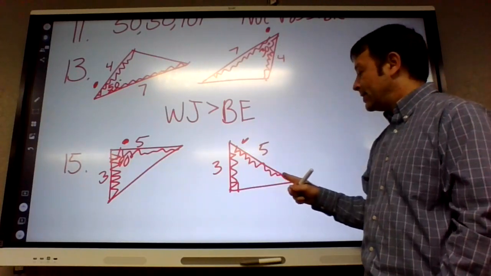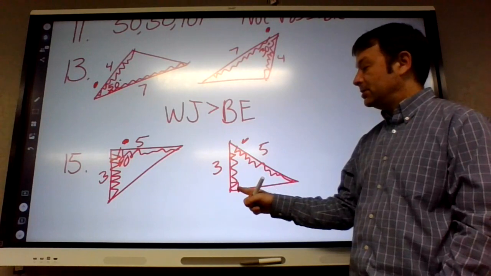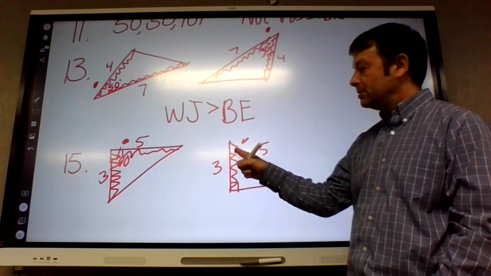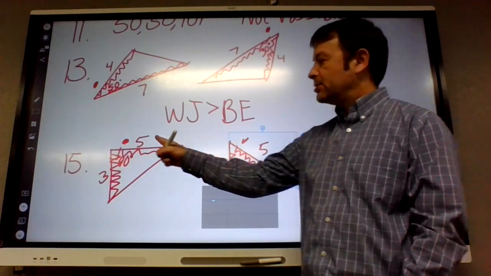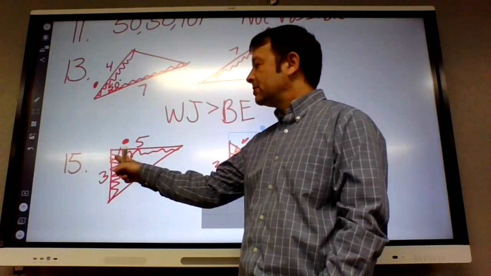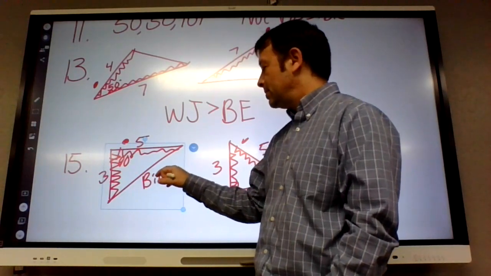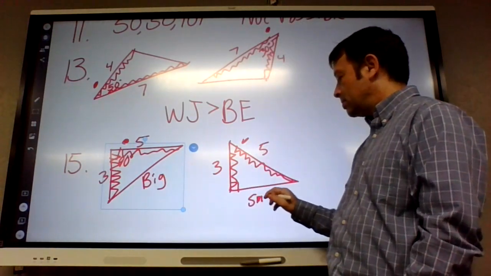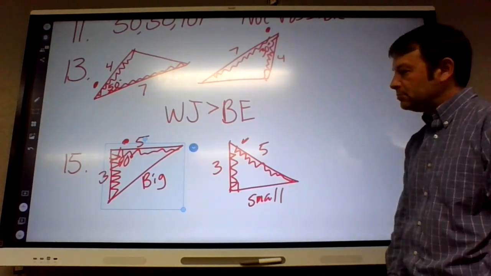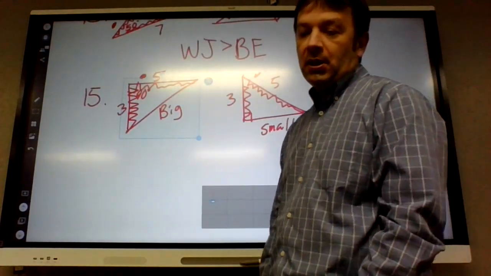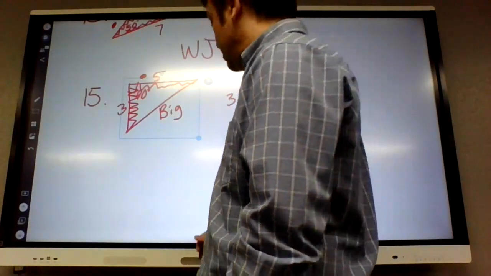These two together have to add up to 90 if this one is 90. So this has to be less than 90. And this one is 90. So that means this guy's open wider. So big, small. So AC is greater than PR.